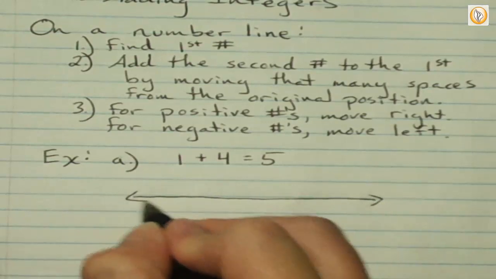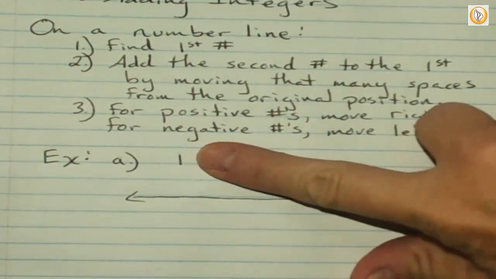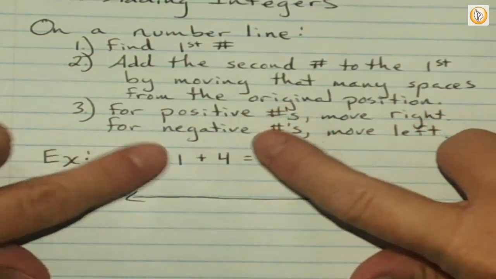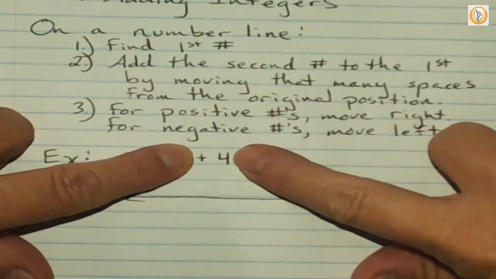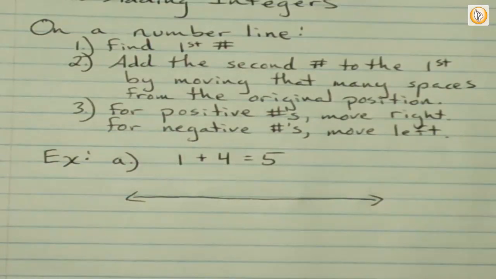For now on, literally from here on out, you are to look at each number as its own entity. For example, that is a positive 1. That is a positive 4. And that is how you have to look at it.